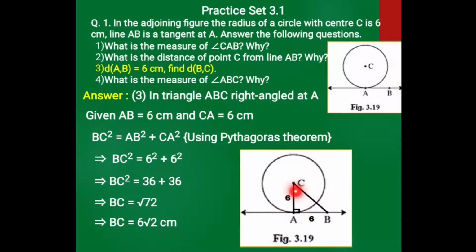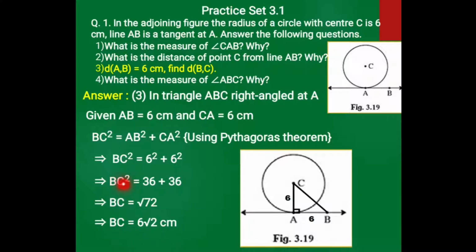So write hypotenuse, that is BC square, equals the sum of the squares of the adjacent sides. The adjacent sides are AB and AC. So we write BC square equals AB square plus CA square. Now substitute the values of AB and CA, which are 6. So 6 square plus 6 square, we get 36 plus 36, which is 72. We require the value of BC, so we take the square root of both sides.